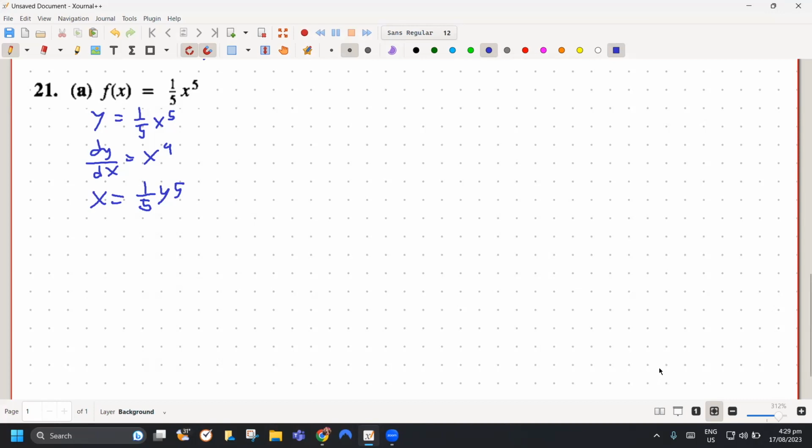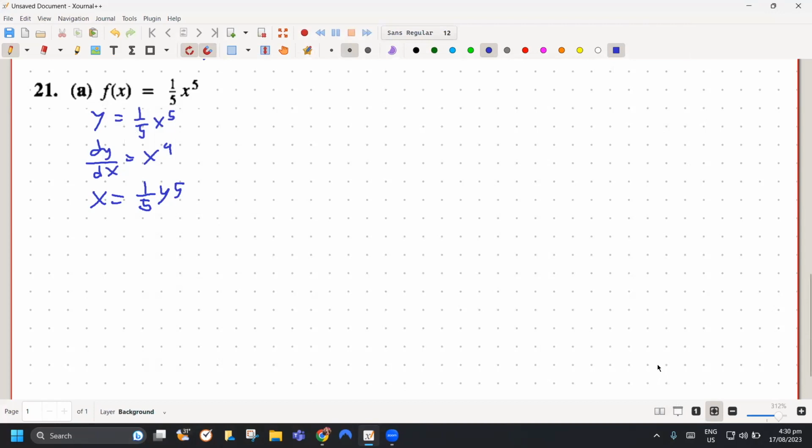Y is equal to 1/5... hindi, gagawin mo lang solve for x. Kasi ang kailangan lang natin x, inverse of y. So, hindi natin hinahanap yung f inverse evaluated at x.